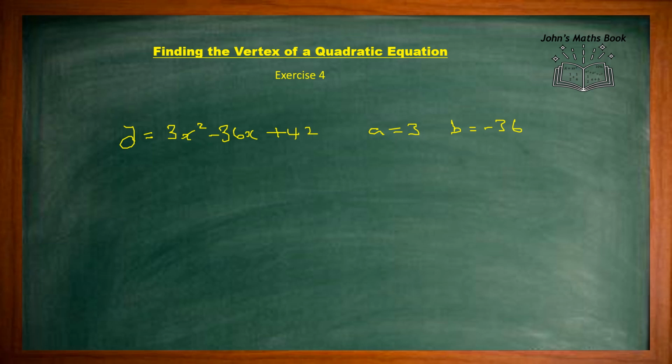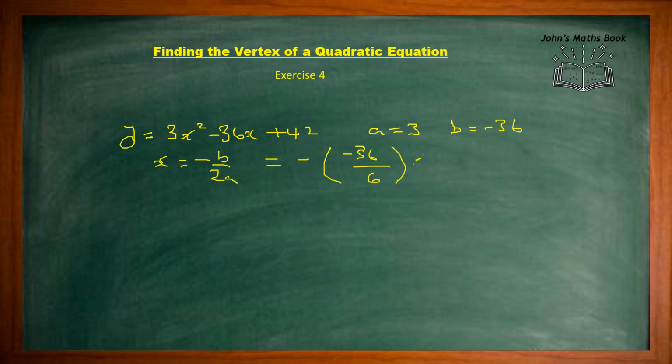Let's apply the equation x is equal to minus b divided by 2a. That is equal to minus, so b is minus 36 divided by 2 times a, which is 3, so that's 6.